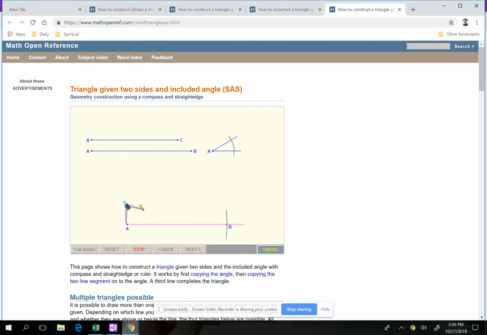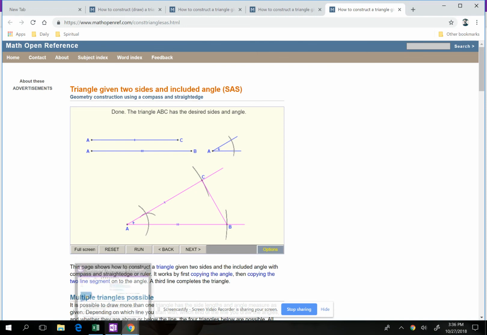If you have an SAS triangle, it's two sides and an included angle. Start with a random line, and we're going to duplicate AB. Then duplicate angle A, and then swing an arc from A to C. Now you have point C, you're done.